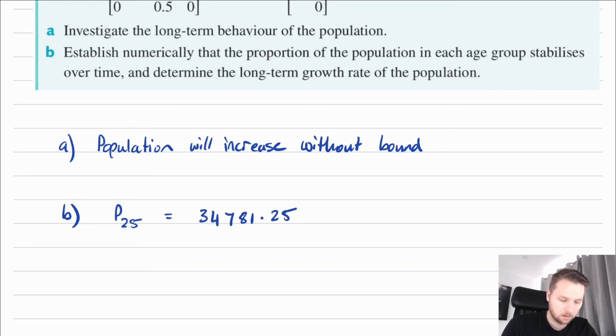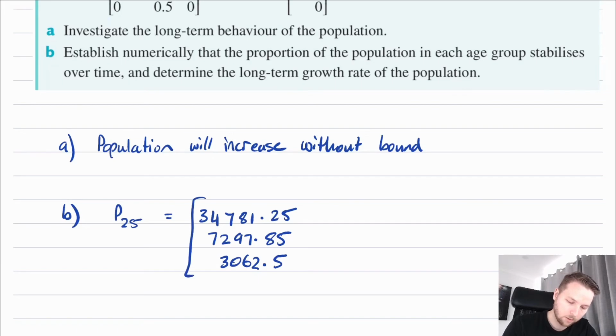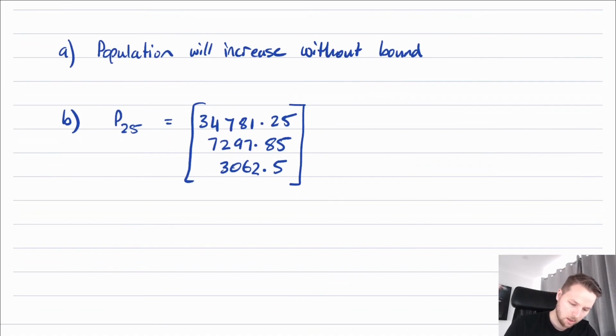34781.25, 7297.85, and 3062.5. So that's after 25 time periods. That's our population. And P26, because we want the proportion of the population between the time periods.